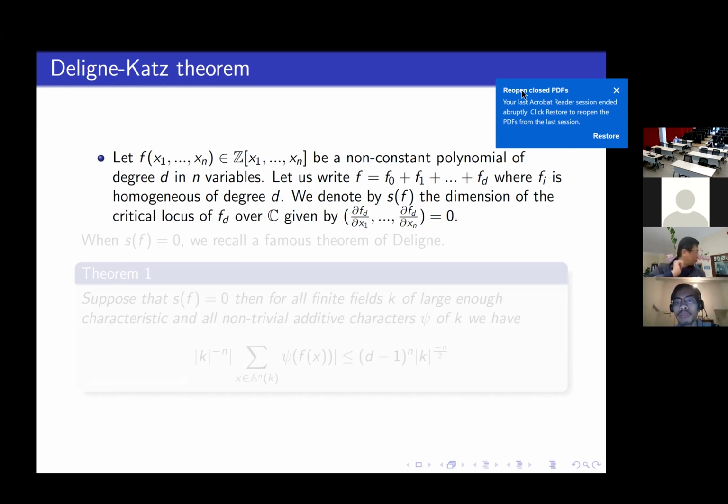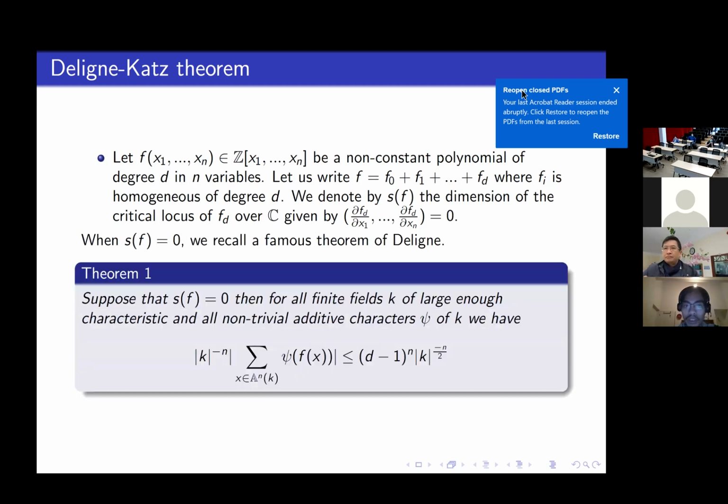So we can write f equals f0 plus f1 plus so on to fd, where fi is homogeneous of degree i for each i, and we denote by nf the dimension of the critical locus of fd over C. It means that it is the zero locus of the ideal generated by the first order derivatives of fd.